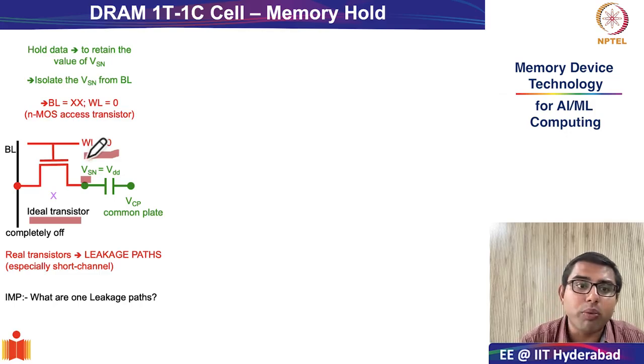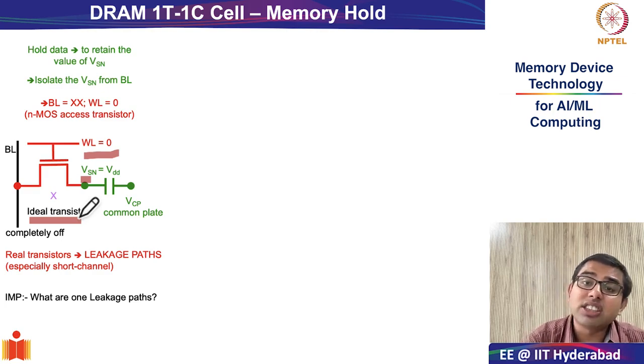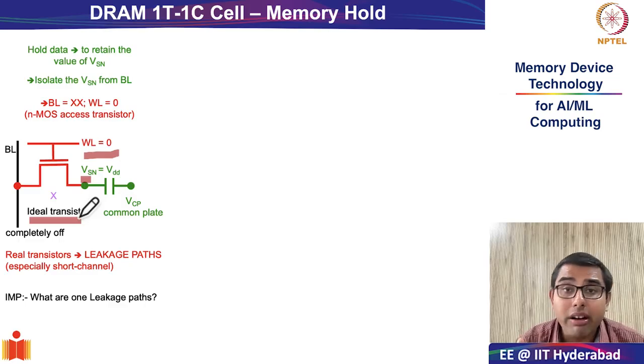Last important aspect when we are discussing the transistor is when you make the DRAM cells smaller and smaller. A part of making the DRAM cells smaller is to reduce the size of the access transistor as well. But when you start reducing the size of the access transistor, what essentially happens is you start having short channel effect. And if you have done a basic course on semiconductor devices, you would know that these leakage effects are even more prominent when you have short channel transistors.